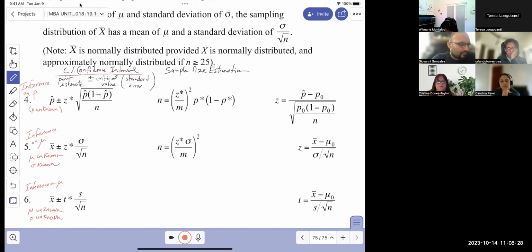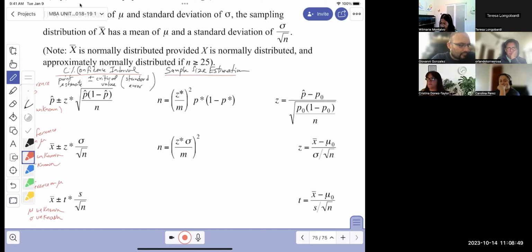I want to find the right sample size in order to get an estimate of P with a certain level of confidence and a particular margin of error.